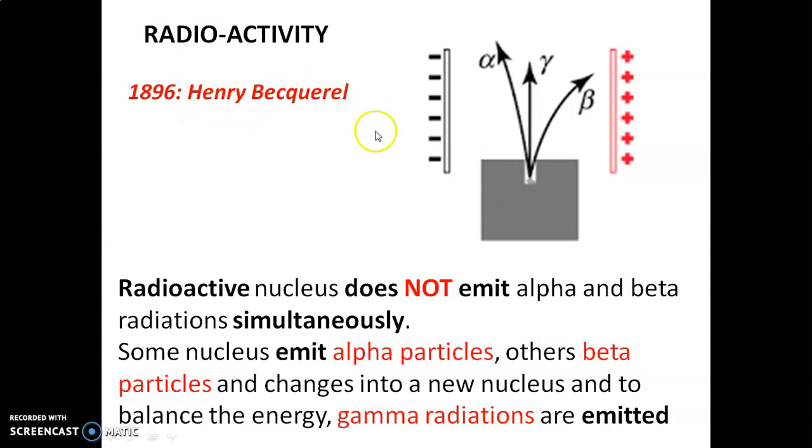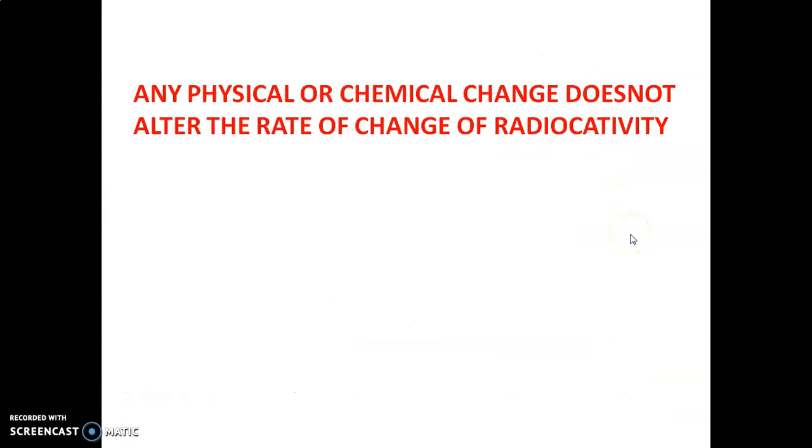Now, what about this radioactivity? The main thing about radioactivity is that at the time when it was studied, it was found that any physical or chemical change does not alter the rate of change of radioactivity. That means nothing could change the rate of radioactivity.